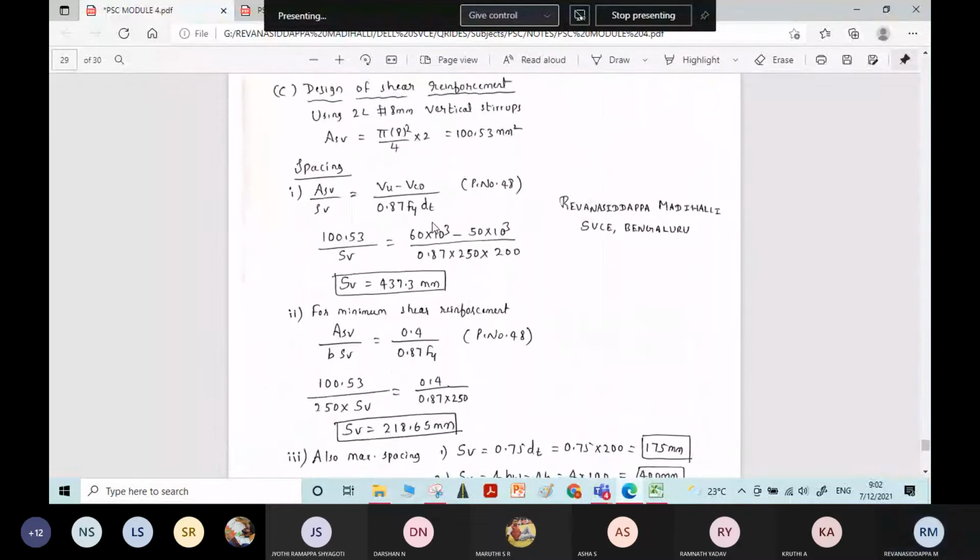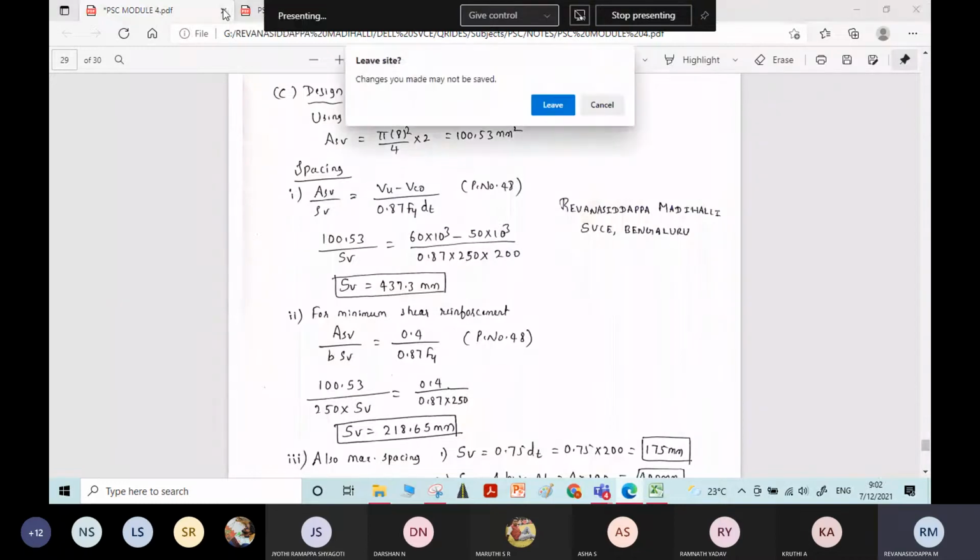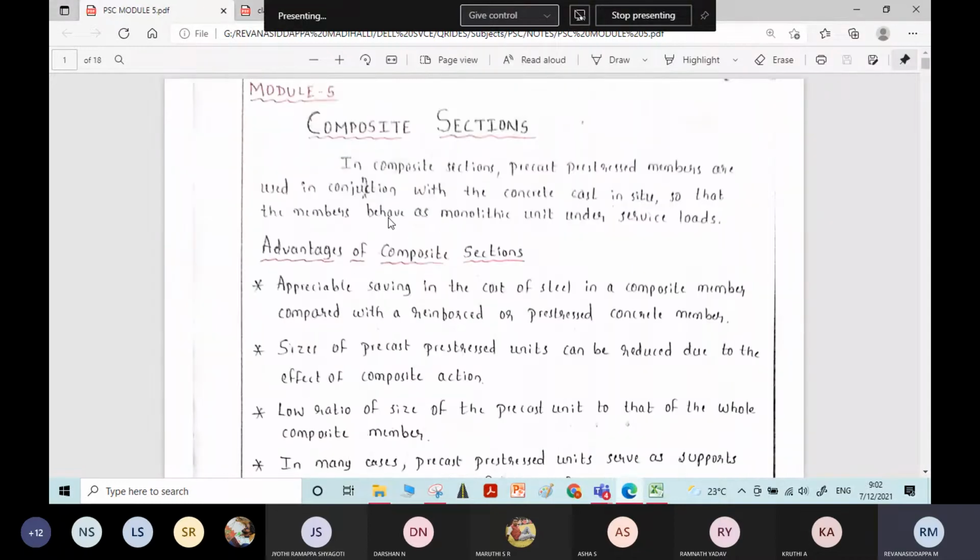Okay, so today I will be starting module number 5. Module number 5, composite sections.